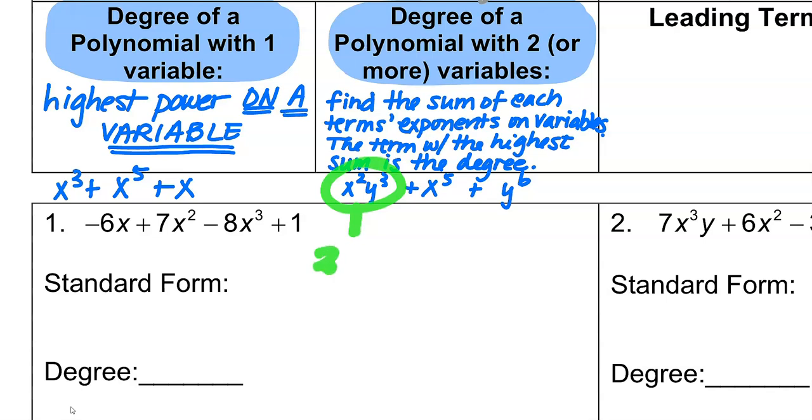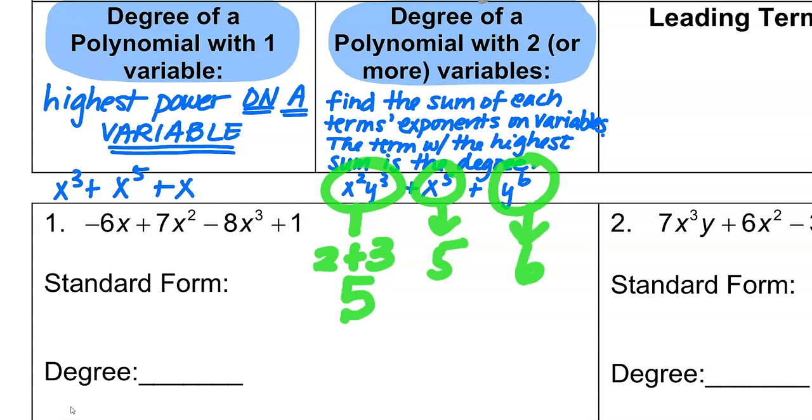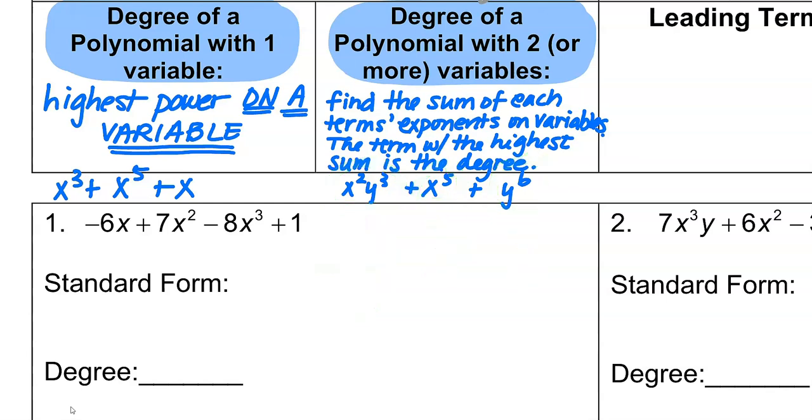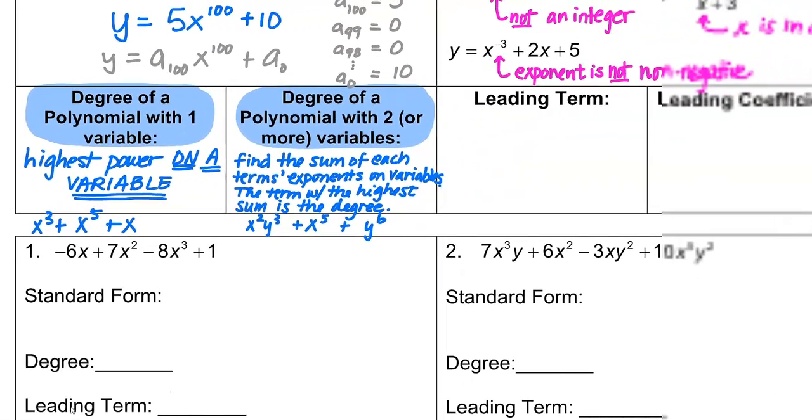You would add the 2 plus 3, so its degree is 5. The degree of this one is 5, so there's 2 that match, and the degree of this one is 6. So what's the degree of this expression? It would be 6 because that's the highest. Clear? So if there happen to be two variables, you add the exponents of the terms.